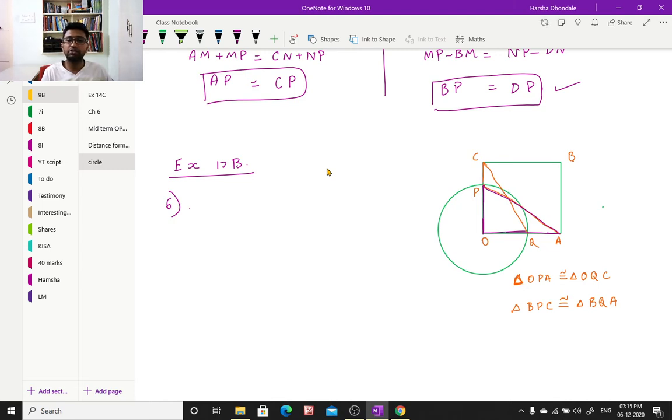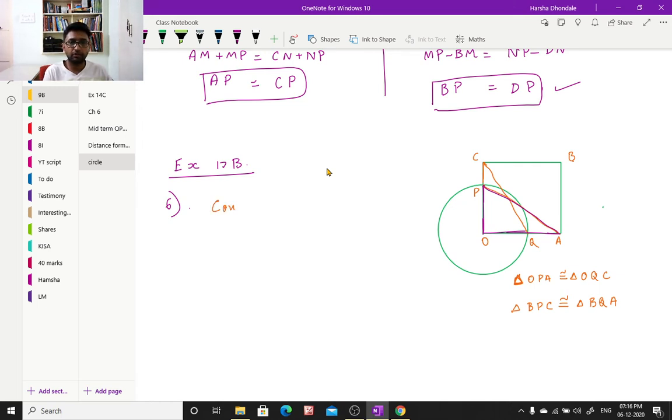These two triangles are congruent. That's what I'm supposed to prove. How can I prove that? Has he given any other measurements here? No, not at all. But still, we can prove this, is what I feel.